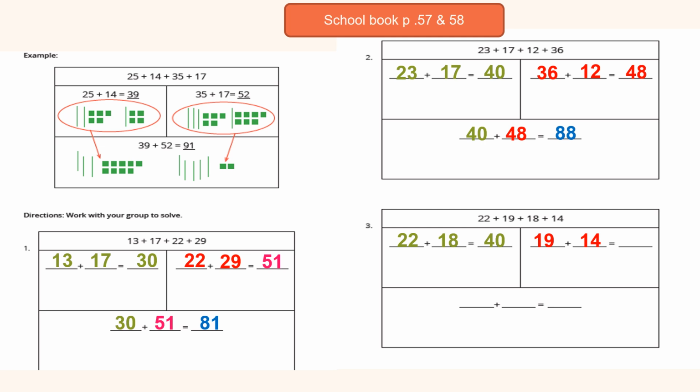Finally, we will put 40 plus 33. 0 plus 3 equals 3. 4 plus 3, after 4, 5, 6, 7. So it will be 73.